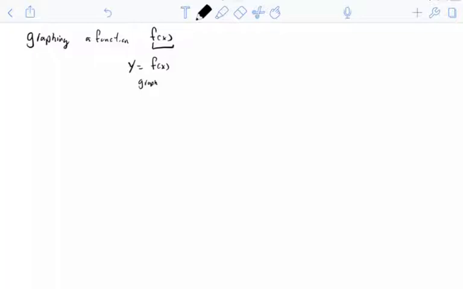What did that mean? That means you start with a value of x. And then you take that number and you plug it into the expression, and you get out a number, which we call y.